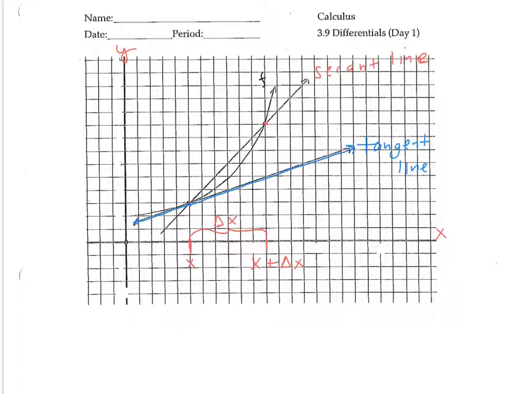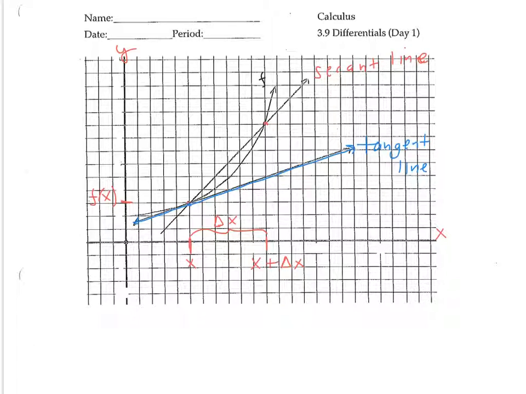Now remember, when you have an x value, you can evaluate that function, and when you do f of x, that gives you the y value of that point. So y is marked off here on the y-axis, but that could be represented by f of x, because that's the value of your function when you plug in that number x.